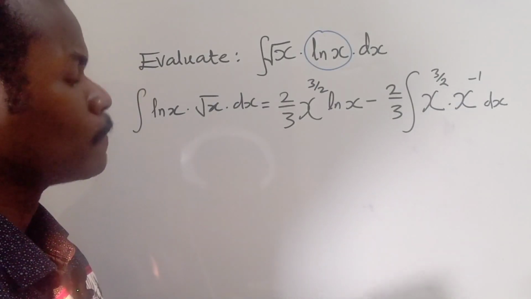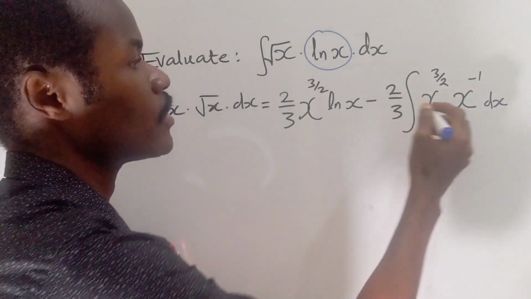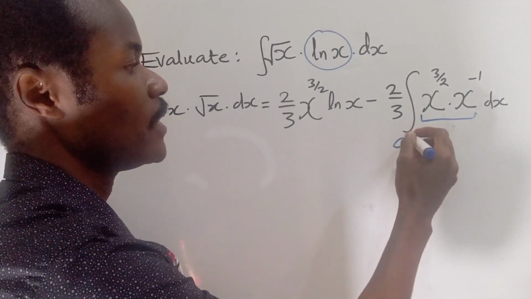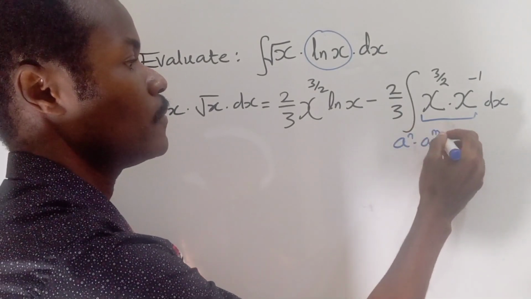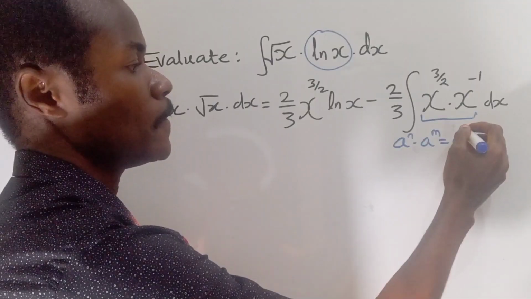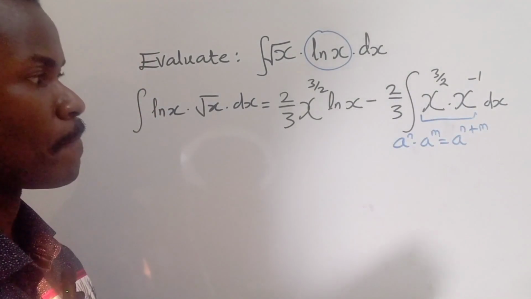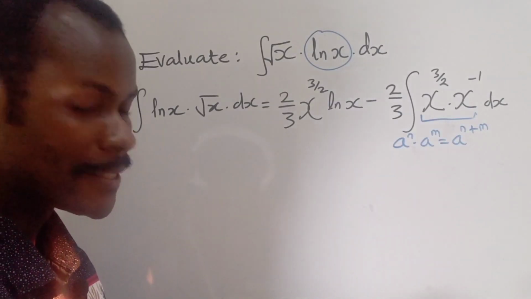So we are simply going to simplify this using the law that a to the m multiplied by a to the n is equal to a to the m plus n. We are going to apply that there.